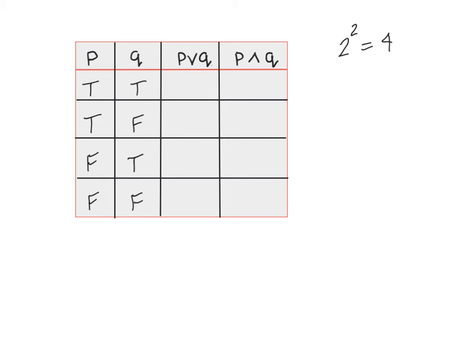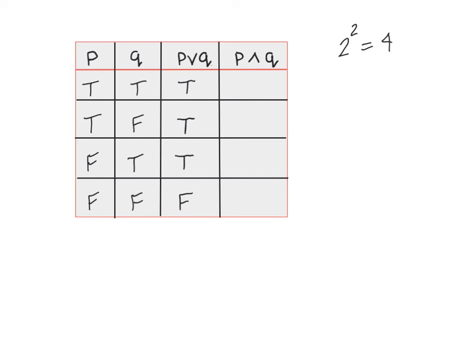When I look at the first one, both P and Q are true, so that's definitely true. Because it's an or statement, I only need one of them to be true. So the next possibility, P or Q, is also true because P is true. Likewise, for the third one down, it's going to be true because Q is true. The last one will still be false because both P and Q are false.